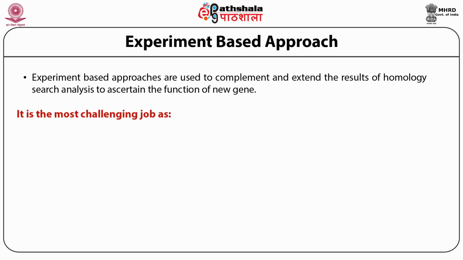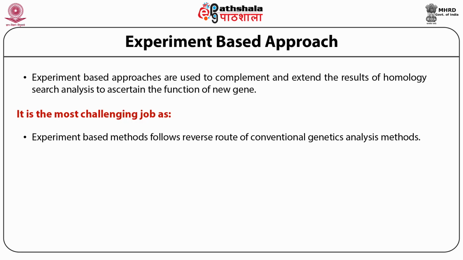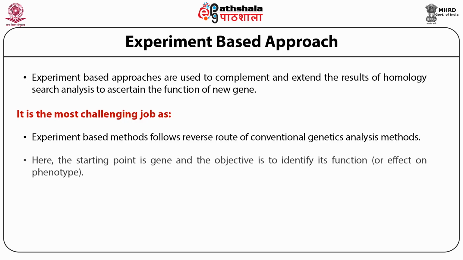It is the most challenging job as the experimental method follows the reverse route of conventional genetic analysis methods. Here, the starting point is the gene and the objective is to identify its function or its effect on the phenotype. This involves mutating the gene and following its consequence in the phenotype to find its function.